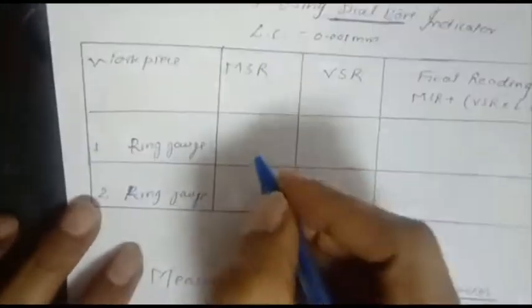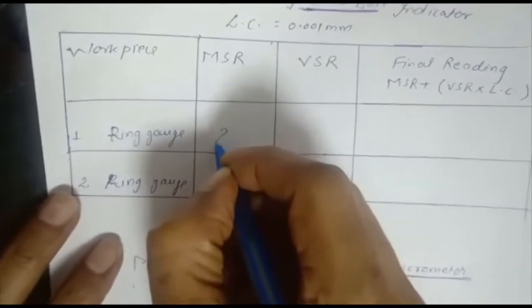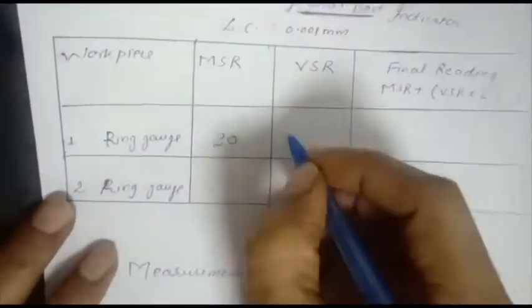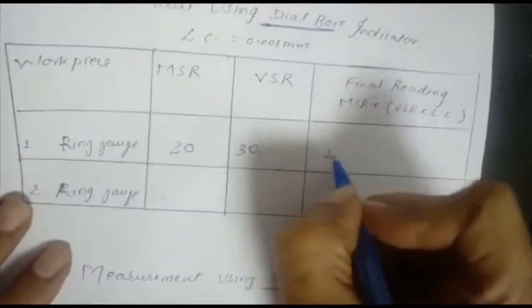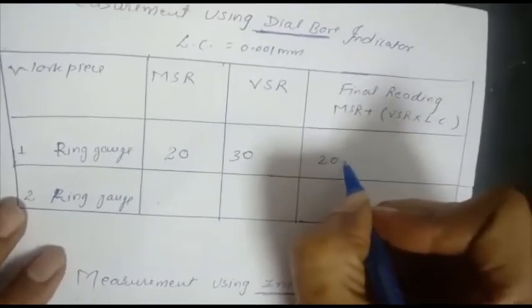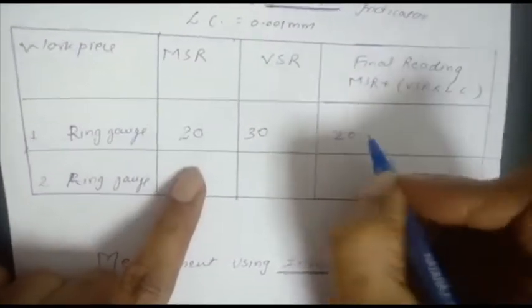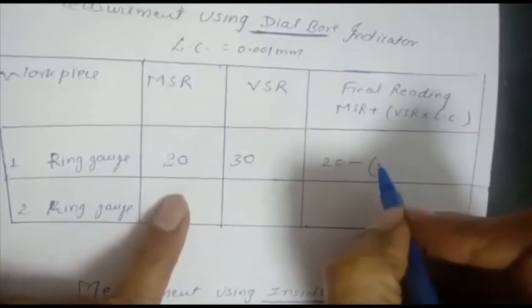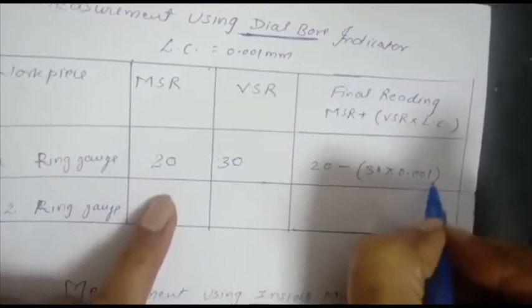As it goes in the positive direction, the main scale reading is 20, and the dial scale shows 30 divisions. Always, as it goes to the positive, you have to subtract it. Take care of that. The dial reading is 30, and the least count is 0.001, that is 1 micron.